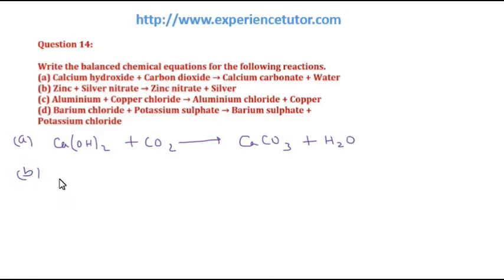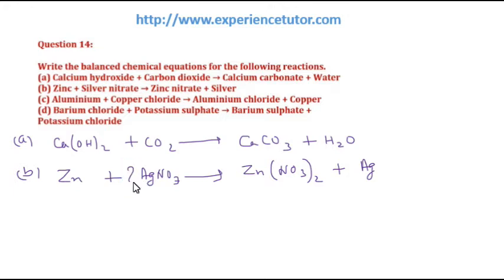Second one, zinc can be written as Zn plus silver nitrate can be written as AgNO3 which gives zinc nitrate plus silver. So we can balance this equation as 2 and here 2.